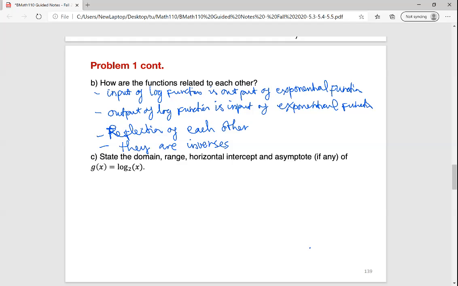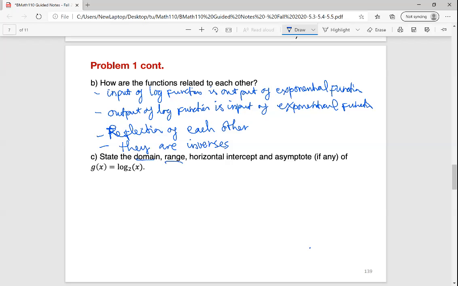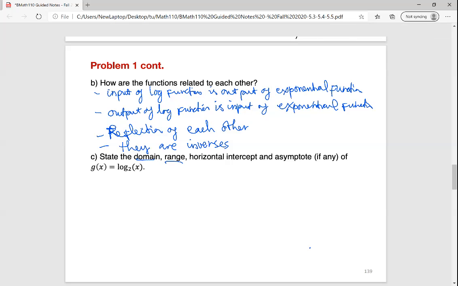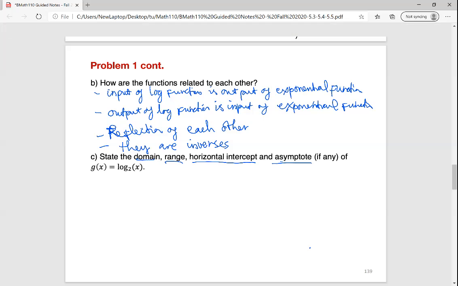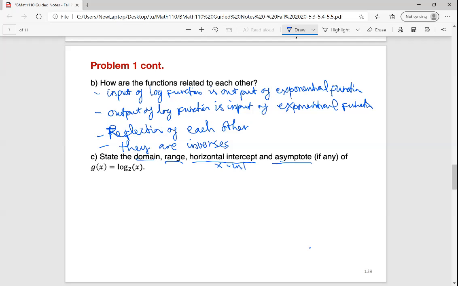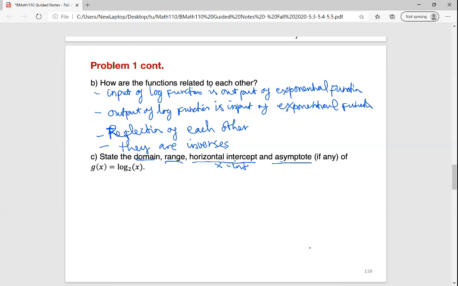Okay, now we're going to find the domain and range, horizontal intercept and asymptote. Horizontal intercept is the x-intercept actually. So firstly, the domain. You should know that for the log function, the argument has to be greater than 0.